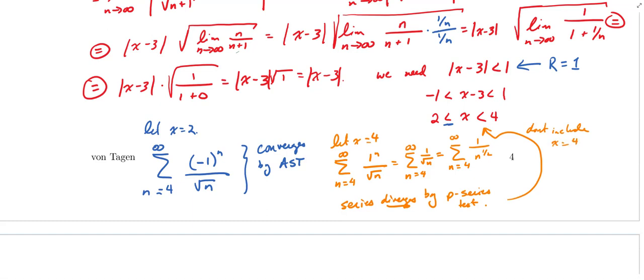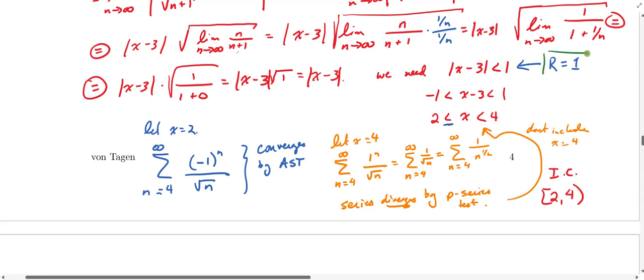So if we go to state our interval of convergence, the interval of convergence is from 2 to 4, and our radius of convergence is 1. So let me box in green those two answers. There's our radius of convergence. There's our interval of convergence.